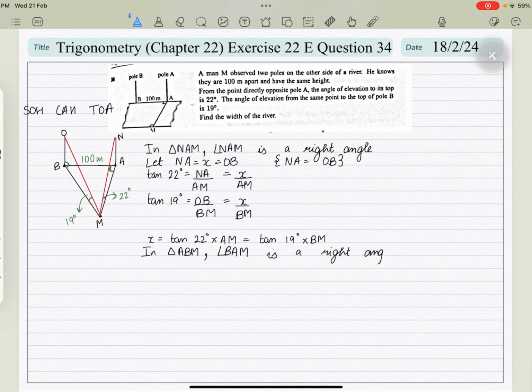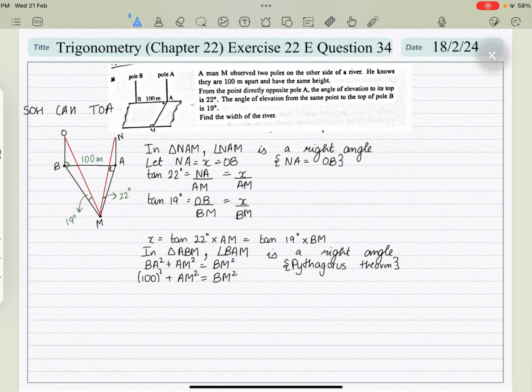Once we know this, we can write AB square plus AM square is equal to BM square, by Pythagoras theorem. BA is equal to 100, so 100 square plus AM square is equal to BM square.